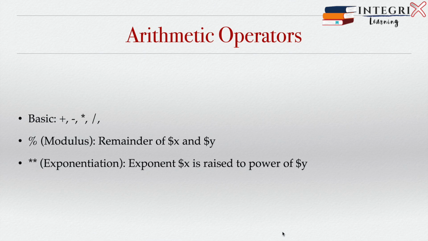That is given by this mod operator. And then we have exponentiation, which is denoted by double asterisk, which tells us if any number is raised to another number, what would be the end result. So if you want to find a cube of a certain number, you would rely on the exponentiation operator.